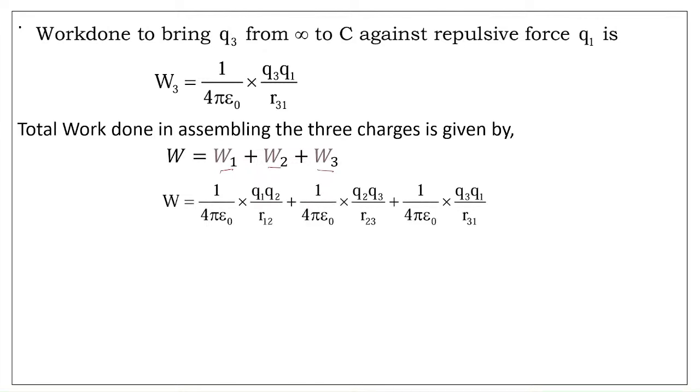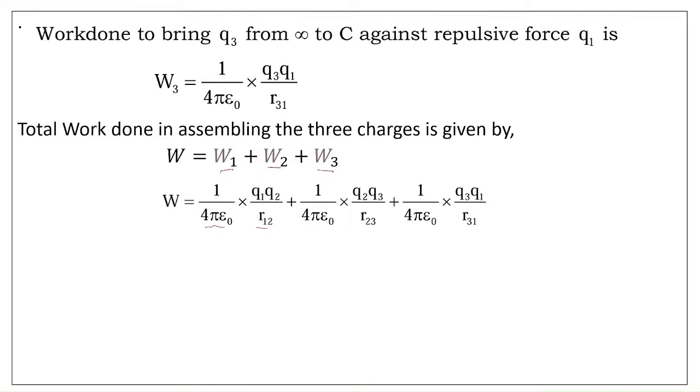Substitute the values, we get W is equal to 1 by 4 pi epsilon naught into Q1 Q2 by R1,2 plus 1 by 4 pi epsilon naught into Q2 Q3 by R2,3 plus 1 by 4 pi epsilon naught into Q3 Q1 by R3,1.